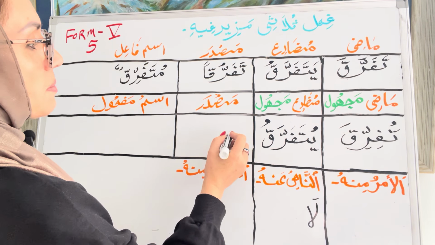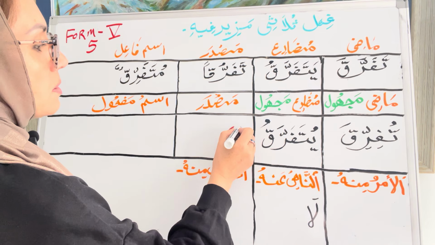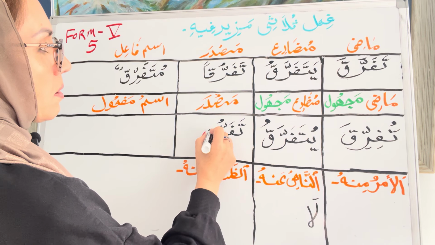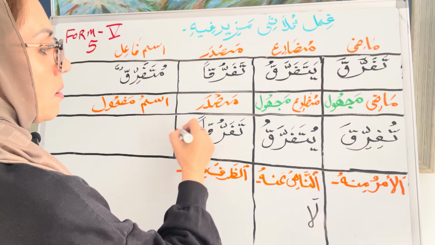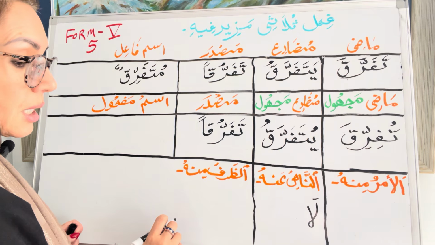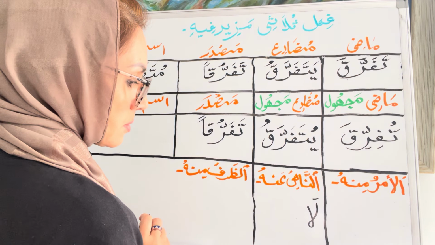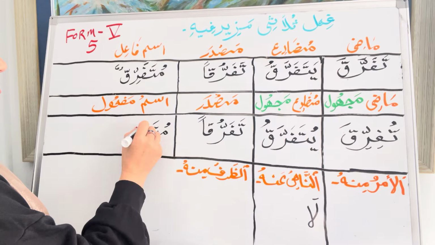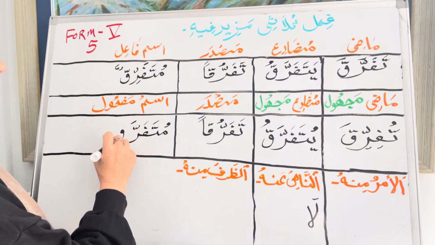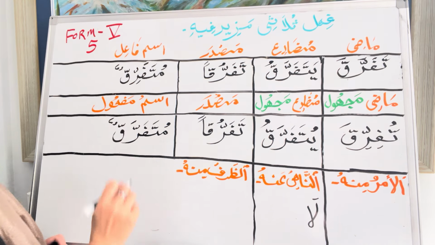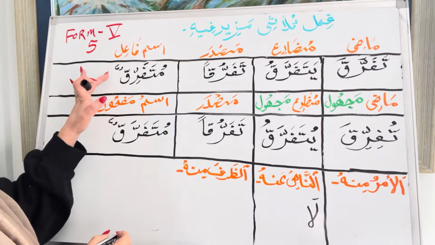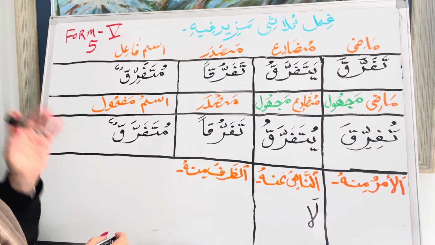This stays the same. مصدر is تفرقا. And then it becomes متفرق. متفرقا. معلم.